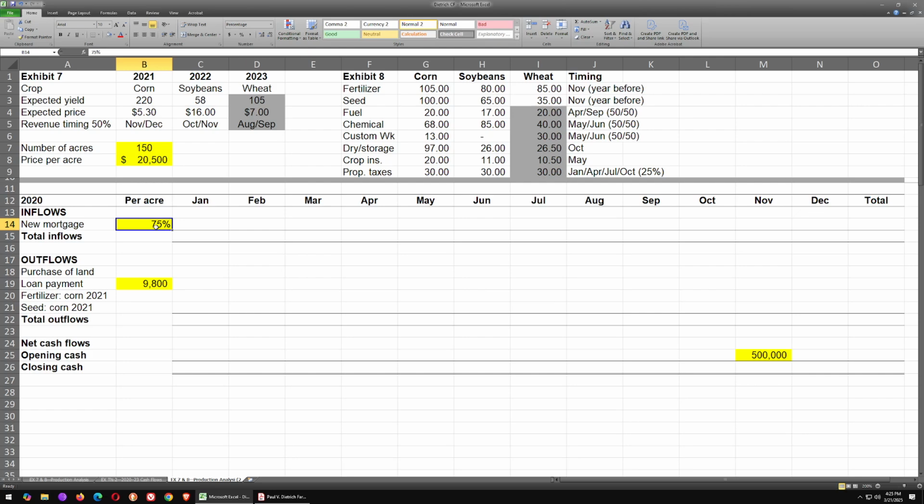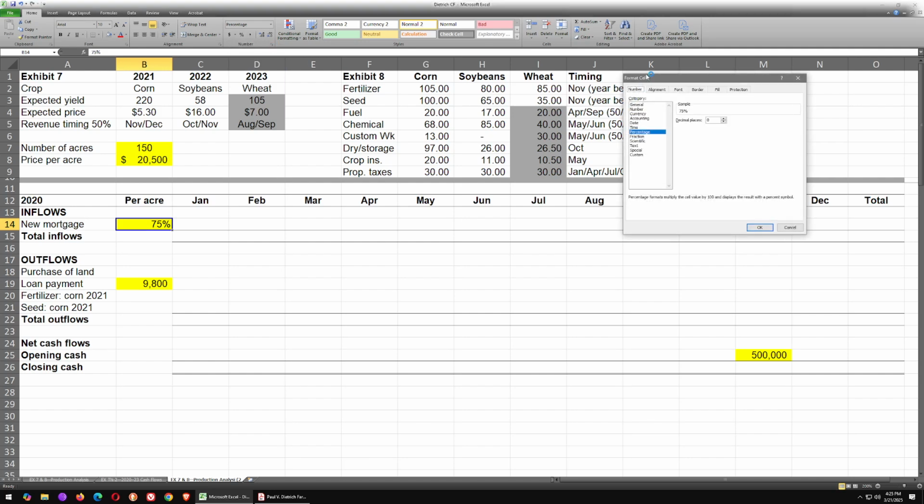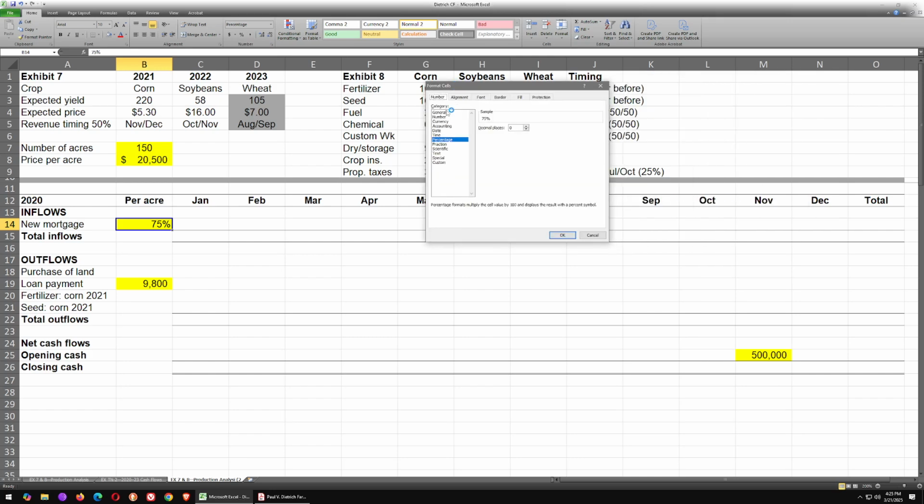And of course, if you want to change the way that the cells show, you just click here on the cell frame and format cells, and it'll give you the different number options. Most of the things I have, unless I really want to see the dollar amount, I've set to accounting, and then I've got 0 decimal places, and typically I say no symbol.